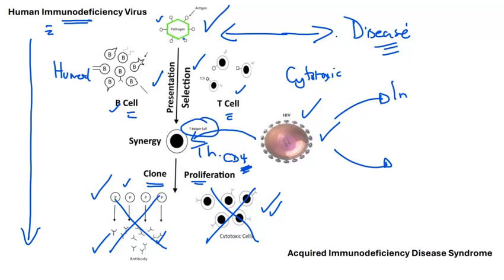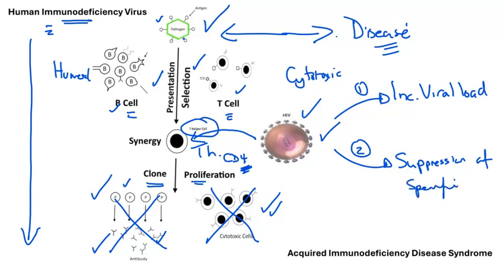The first one is the increased viral load from replicating inside the actual CD4 cell. And the second feature would be that we will end up with a suppression of specific responses, specific to an antigen, that is to say.